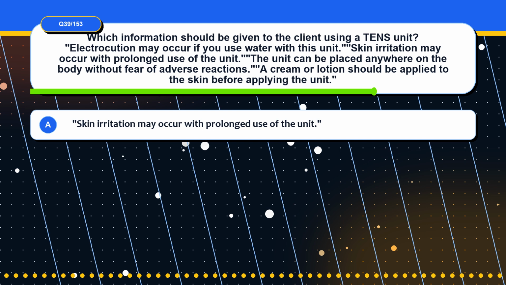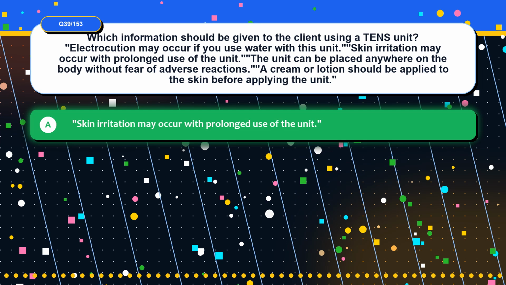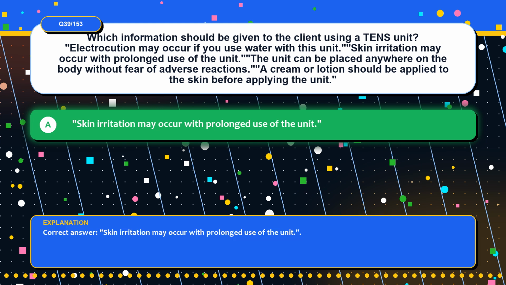Here are the options. Option A. Skin irritation may occur with prolonged use of the unit. The correct answer is option A.